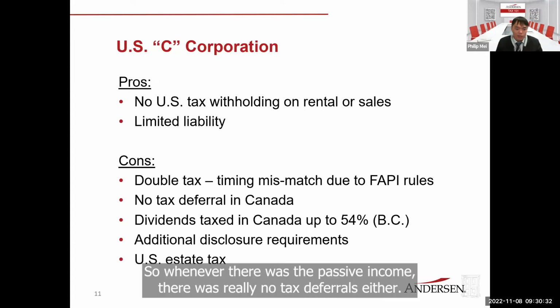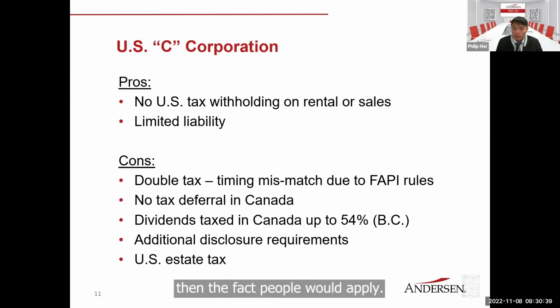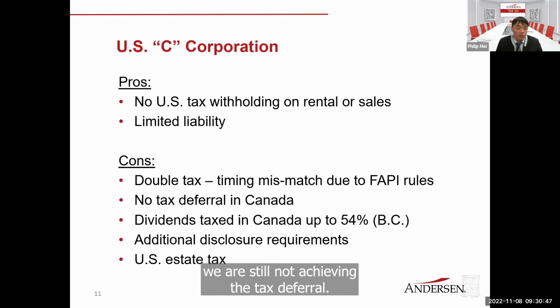So whenever there was passive income, there was really no tax deferral. If the C corporation is controlled by Canadians, then the FAPI rule would apply. So even though in this case we have a corporation, we are still not achieving the tax deferral.